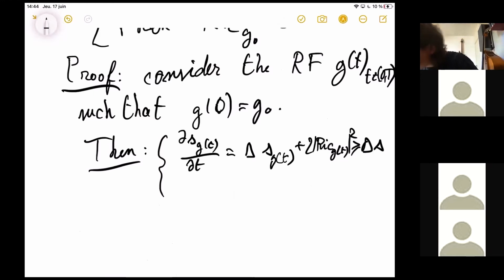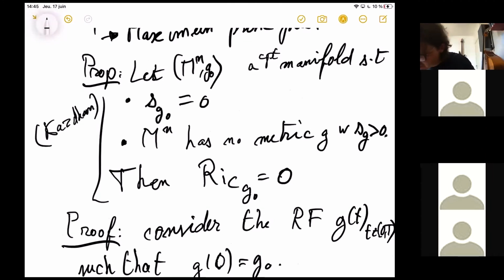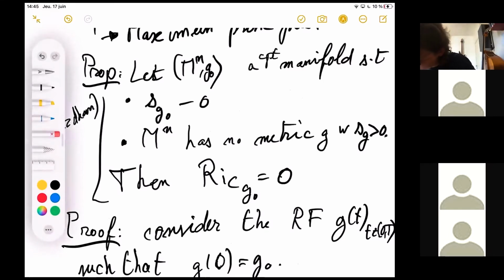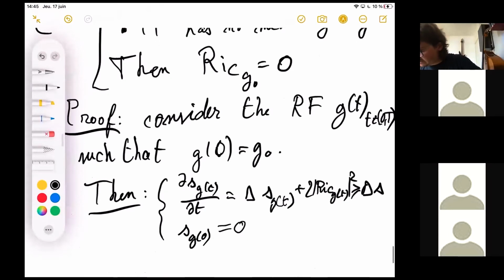In particular, it's bigger than just the Laplacian of S. And S of g naught is equal to 0. Actually, the result is more striking like that: start with a metric with non-negative scalar curvature on a manifold which has no metric with positive scalar curvature, then it is Ricci flat.